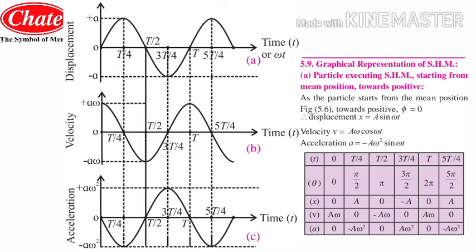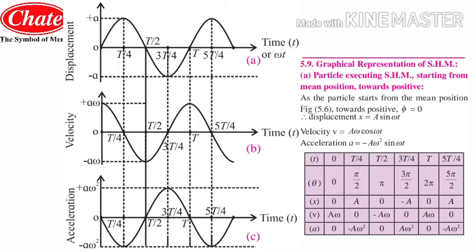Now students, we will see how to draw the graph with the help of the chart which we have obtained by putting the values into the respective equations. You can see that the first value of the displacement is 0, so the graph will start from the origin.